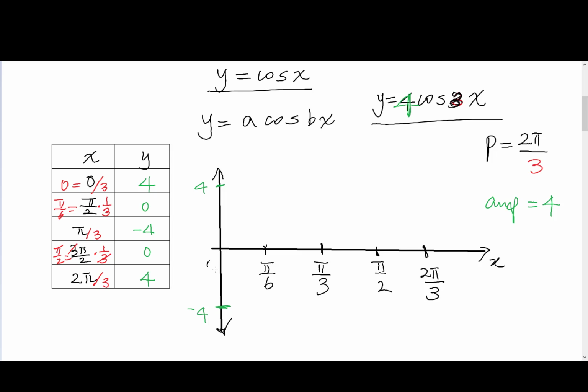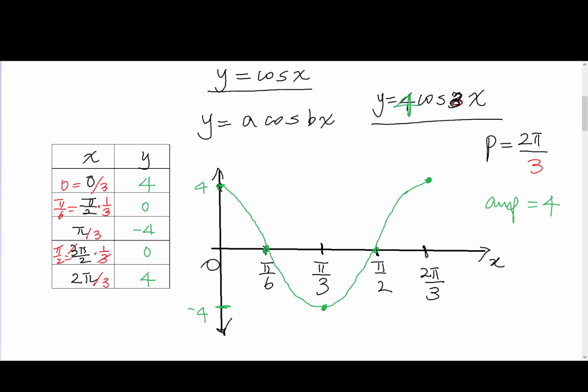Of course 0 is the first x value. When x equals 0, 4 times cosine 0 is 4. Then 0, and at pi over 3 it is negative 1 times 4, which is negative 4. Pi over 2, 0. 2 pi over 3, 4. So the graph of 4 times cosine 3x will look like this.